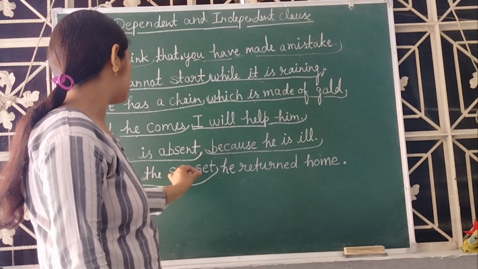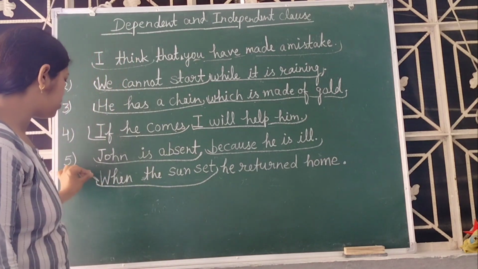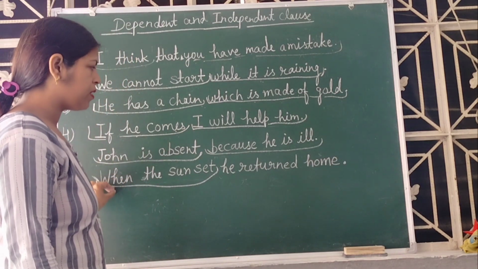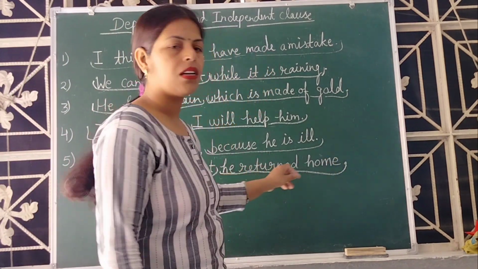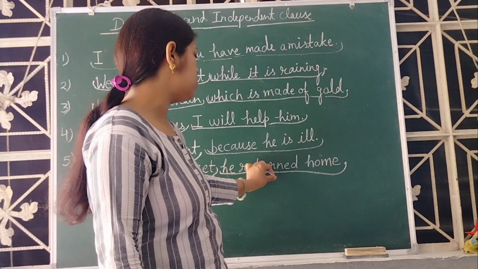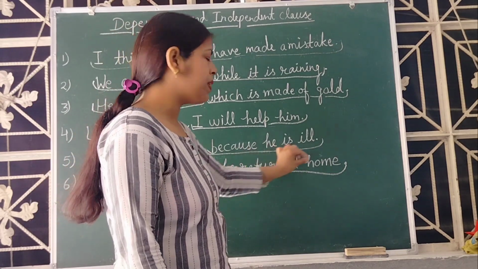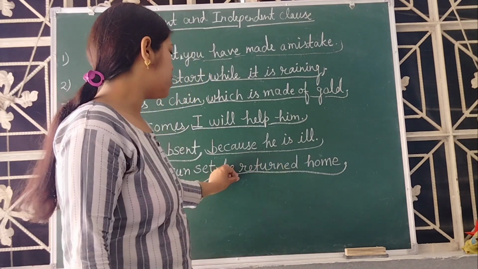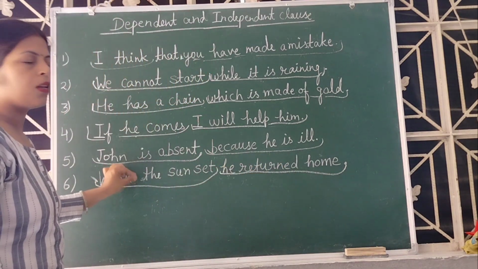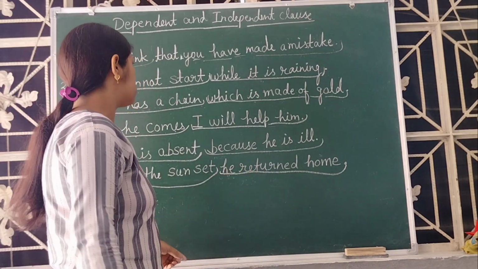It has a subject and verb combination, but then the condition is when applying here. So what? He returned home. He is the subject, returned is the verb. Again a subject verb combination with a complete sense. It is an independent clause, but this clause depends on this clause to make a complete sense.